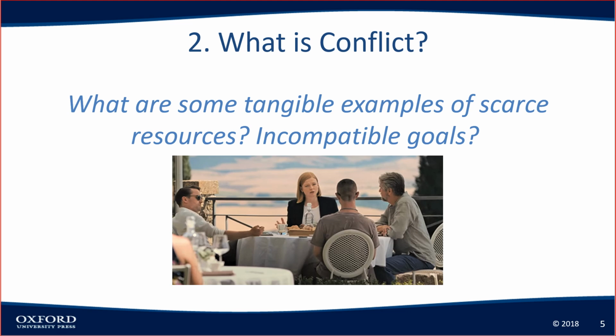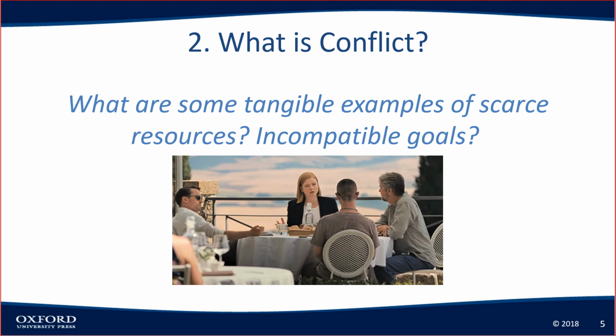Interdependence captures the idea that people in a conflict are connected. So there's something we both want. I don't mean connection as in a personal close relationship, but there's something that connects you that you both are wanting.